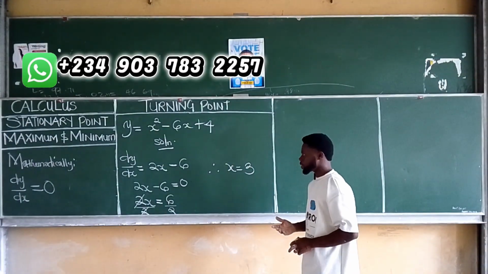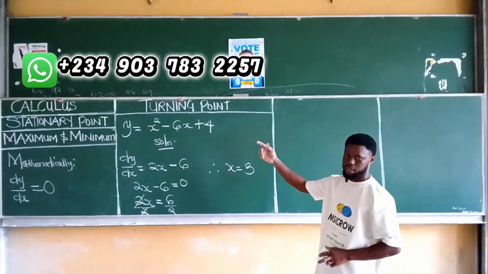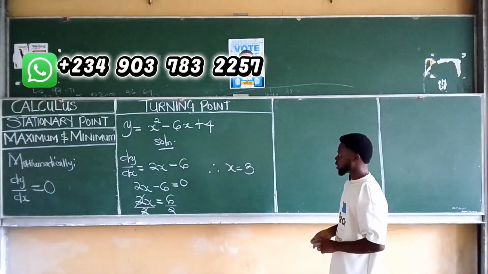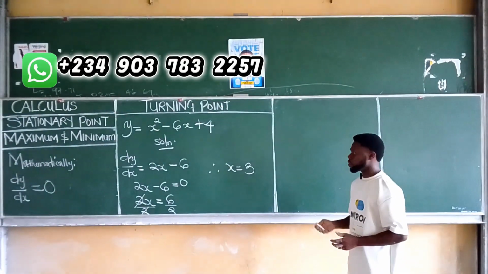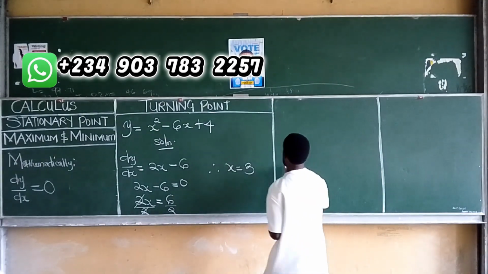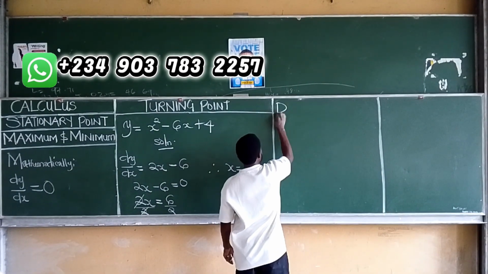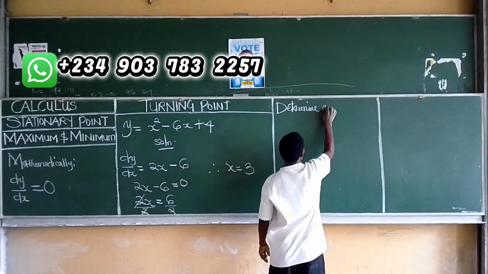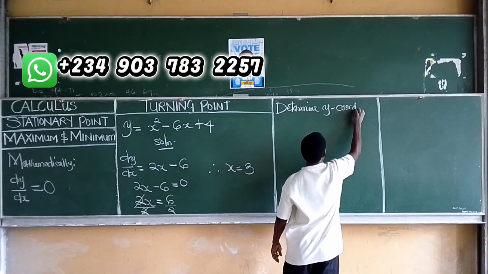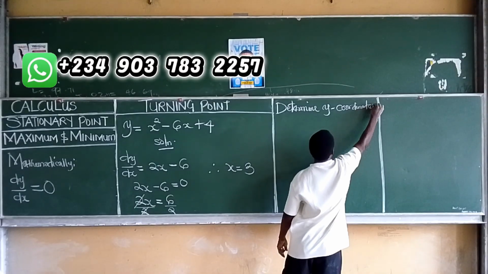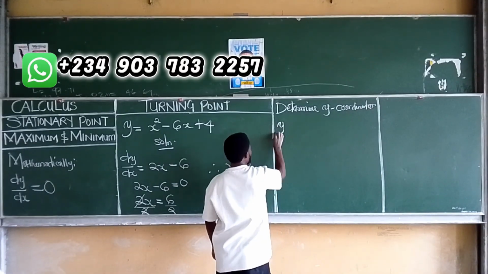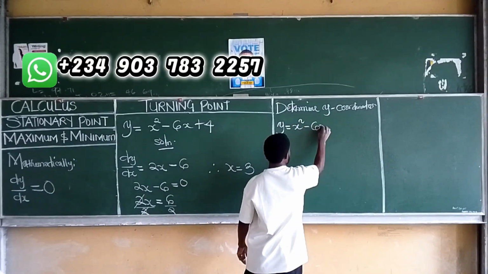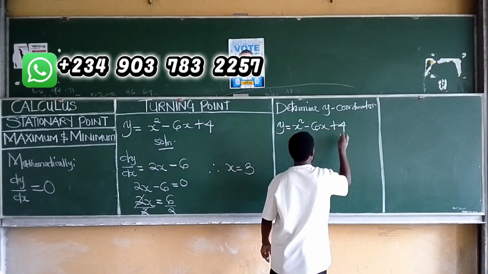Y coordinate can be determined from the original function given on the board, where y is equal to x squared minus 6x plus 4. So to get y coordinate, determine y coordinates. So that means y is equal to x squared minus 6x plus 4.